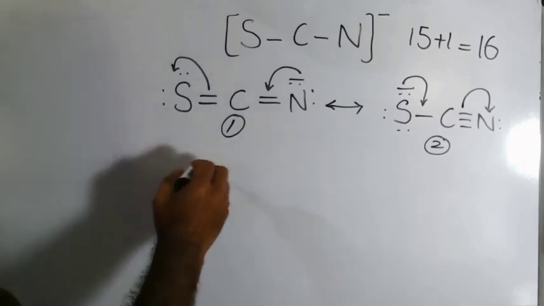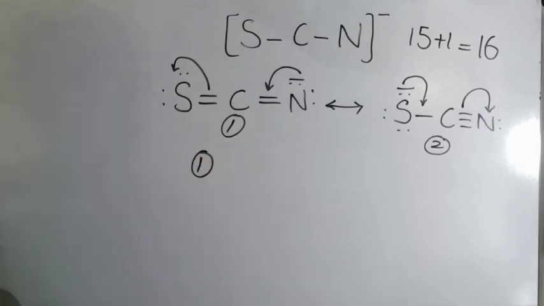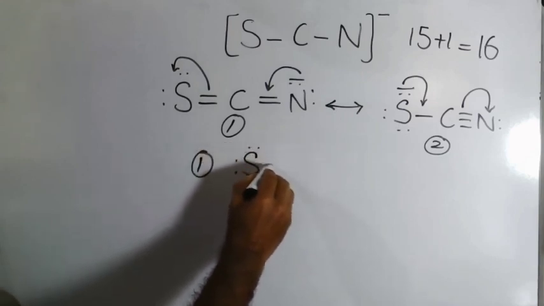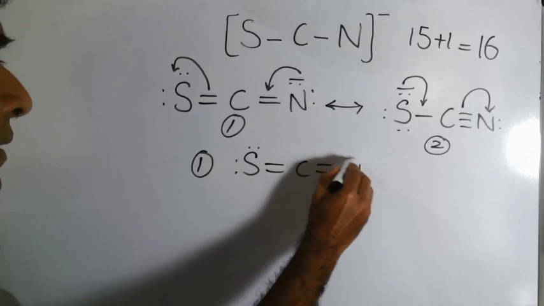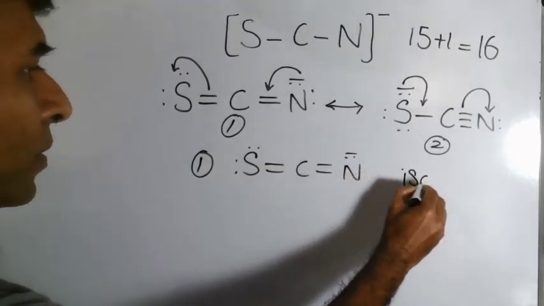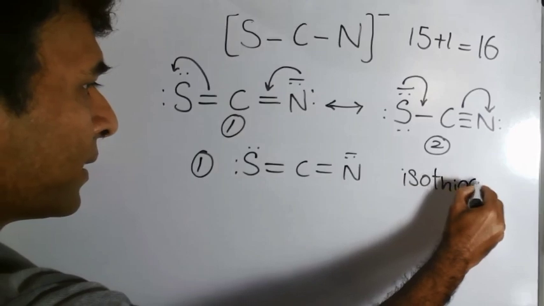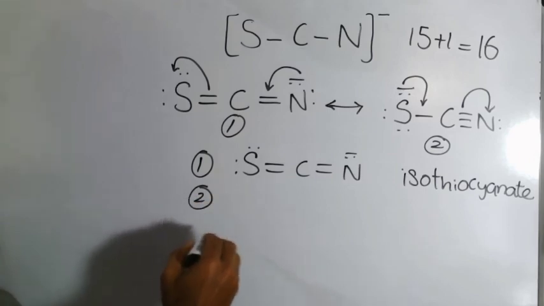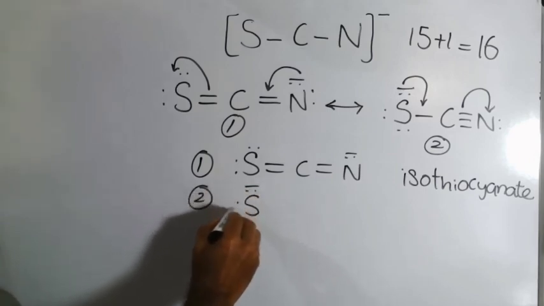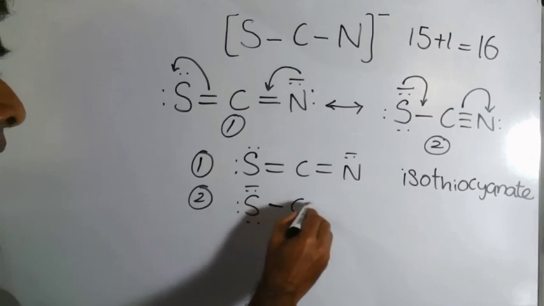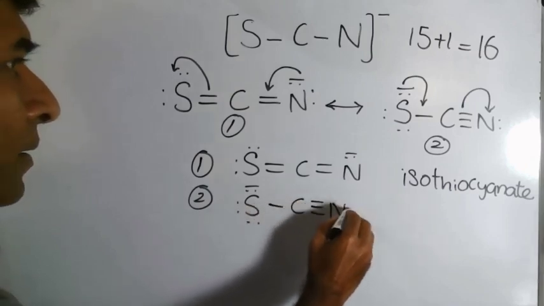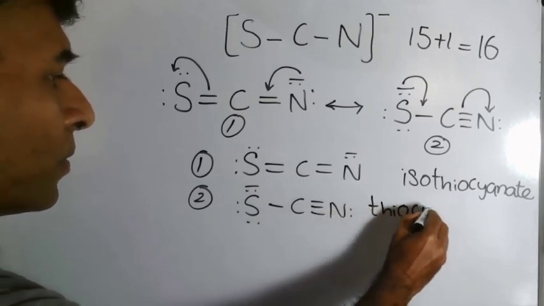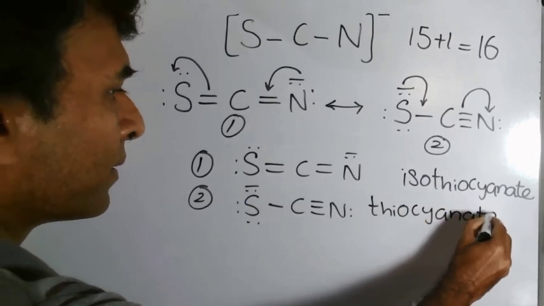Then we will get to the names. When the negative charge is on nitrogen, it is called isothiocyanate. When the negative charge is on sulfur, it is called thiocyanate.